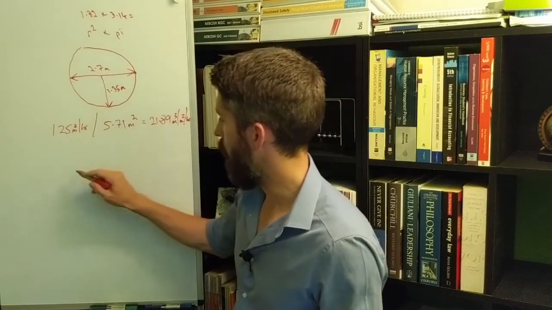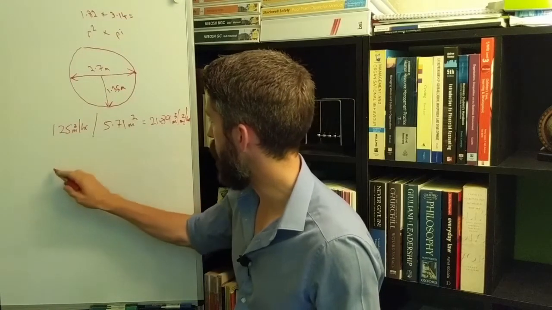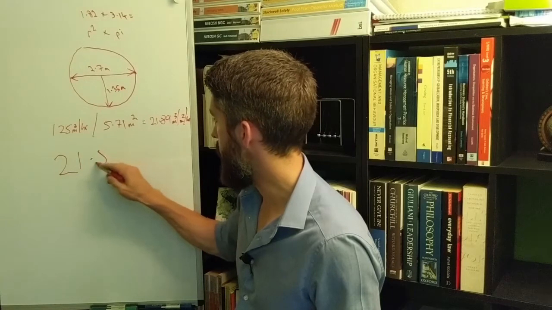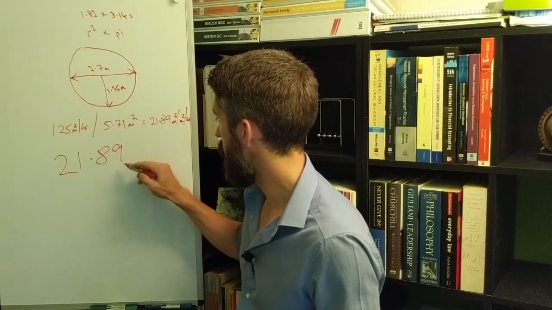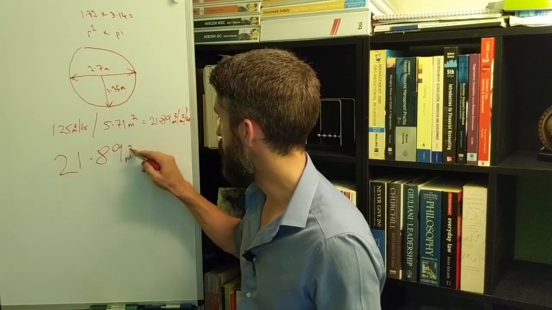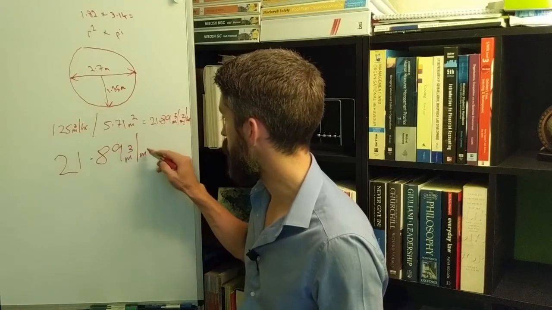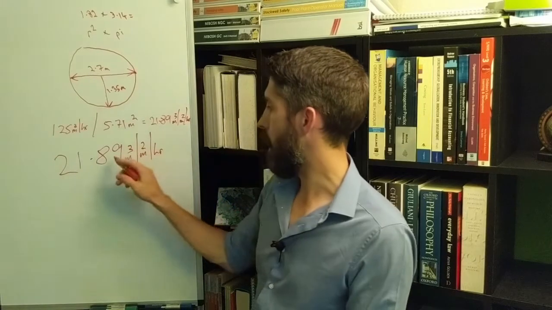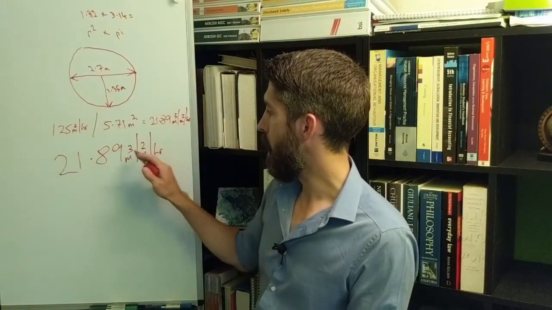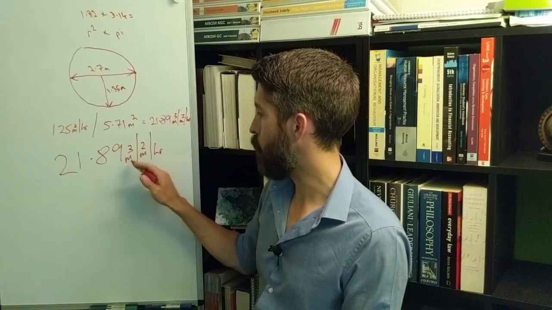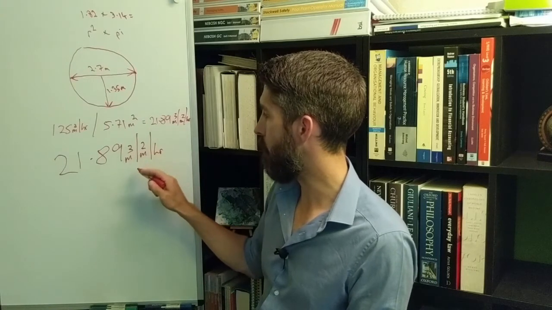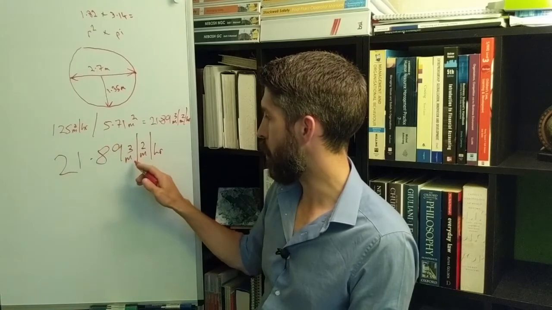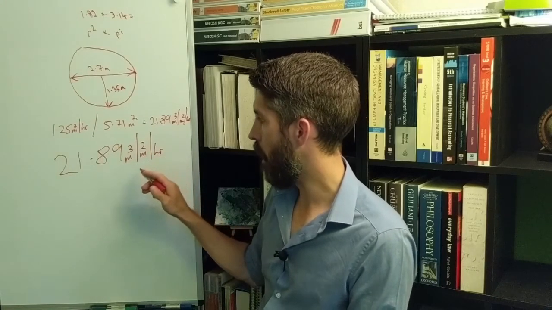Running out of room there, so I'll write it big down here: 21.89 meters cubed over meters squared per hour. It's an unusual way of expressing filtration rate. As you can see, it looks a little different from flow rate, which is just meters cubed per hour. This is meters cubed over meters squared per hour.